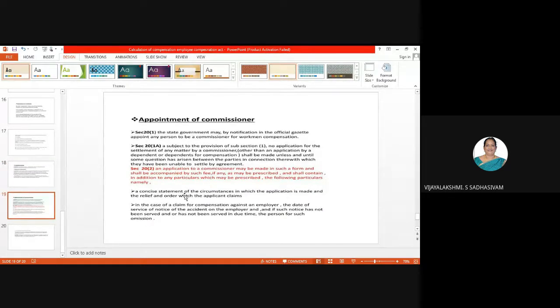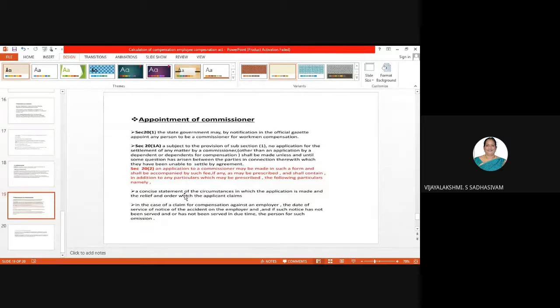Then how is this commissioner appointed? Section 20(1): the state government, by notification in the official gazette, appoints any person. So any person who is qualified and deemed fit is appointed through the official gazette as a commissioner.